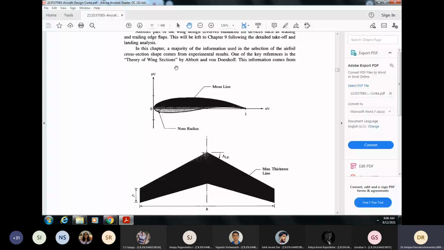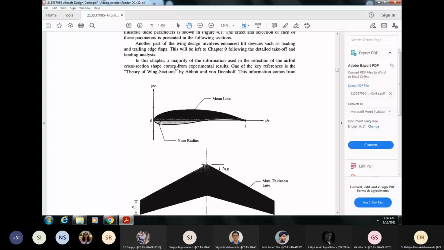We are not dealing with leading edge and trailing edge flaps in this section. We'll look at them later during the design. After takeoff and landing, we'll determine at what point the flap should be there, whether you need slats here; all those things we'll decide later.